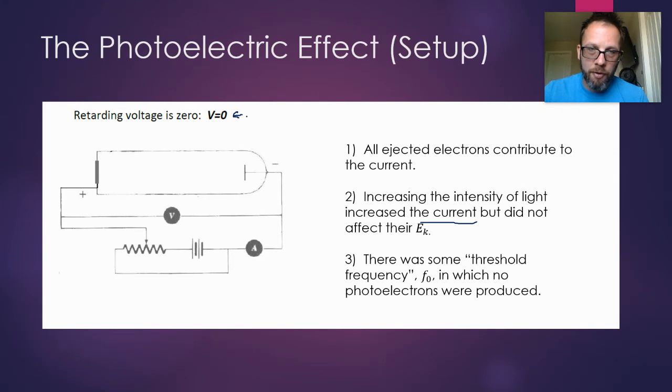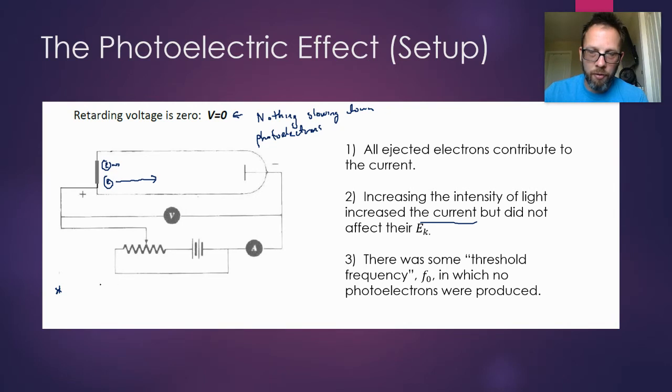So what V equals 0 means is that basically there's nothing slowing down the photoelectrons. They're all going to make it across. All these guys, whether they have a little speed or a big speed, are going to get across and contribute to the current. And I want to add a little note here.